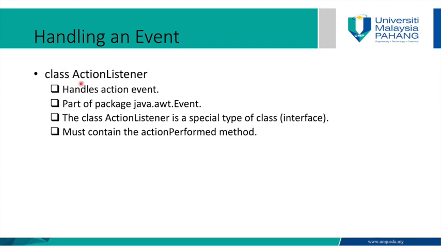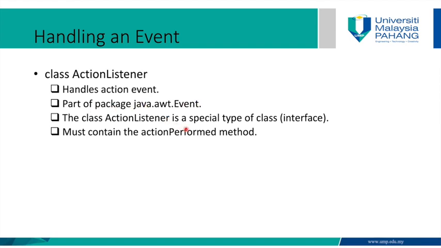The class ActionListener handles the action event. The action event, like the mouse clicking, is one example of an action event. It is also part of the package we call java.awt.event. When you want to use this, you have to declare this package in your program.